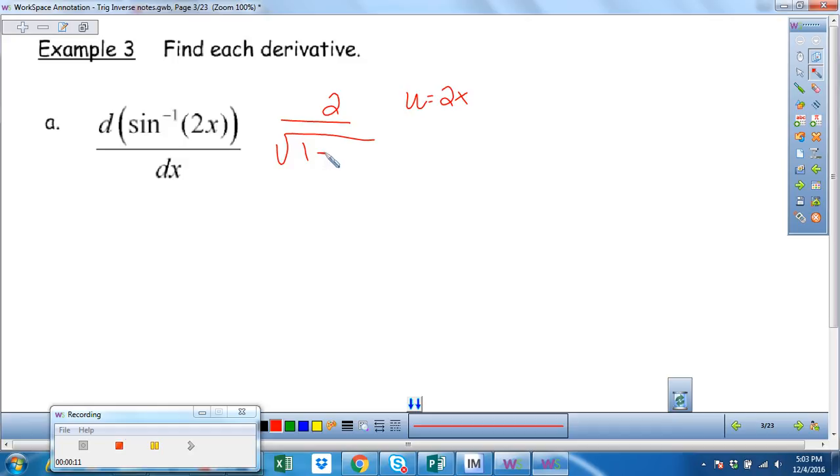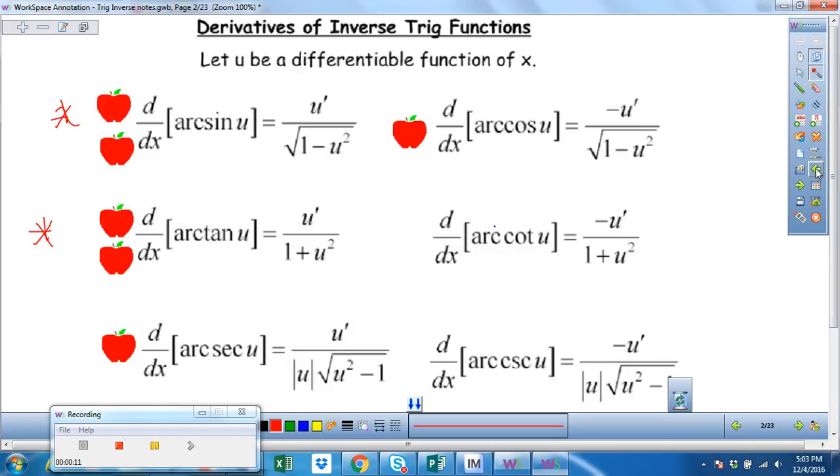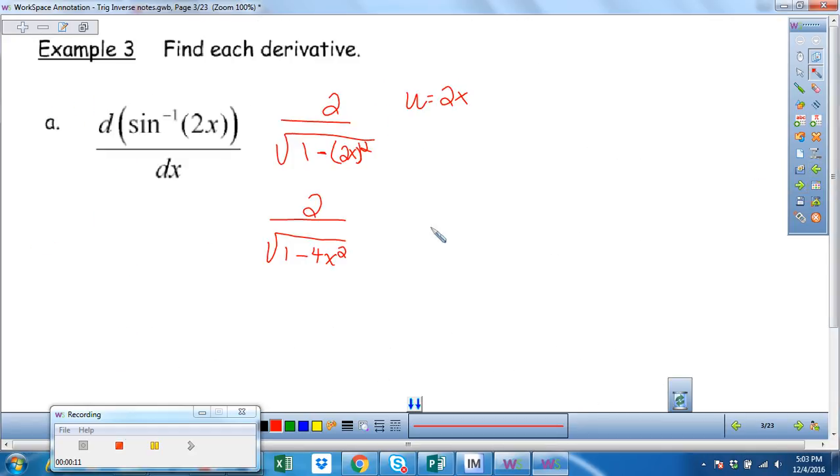So it would be 1 minus 2x squared. And so basically we would write that as 2 over the square root of 1 minus 4x squared, if I were to square those out. So that's how that would be written. I'm just making sure that I did that correctly on an AP exam.